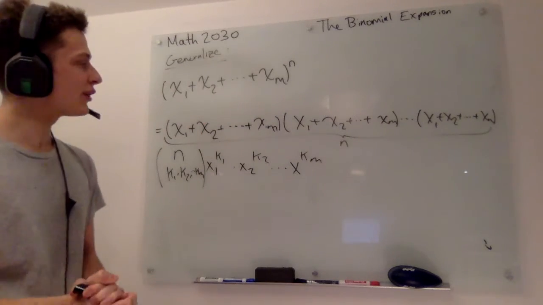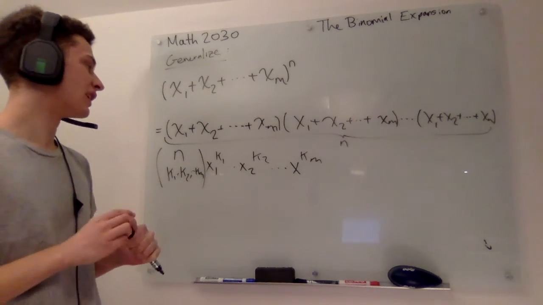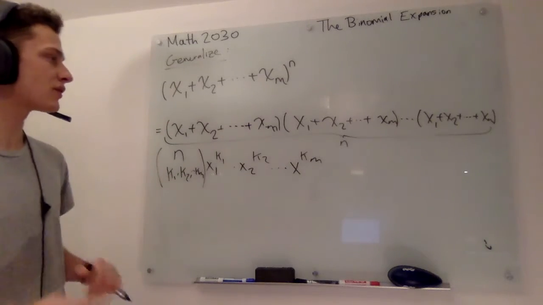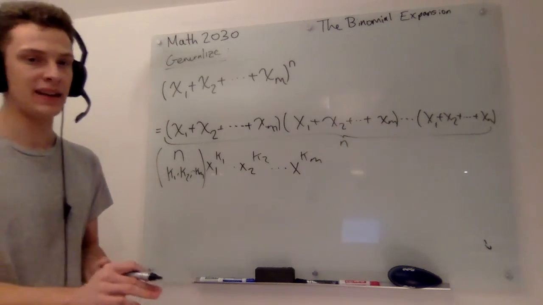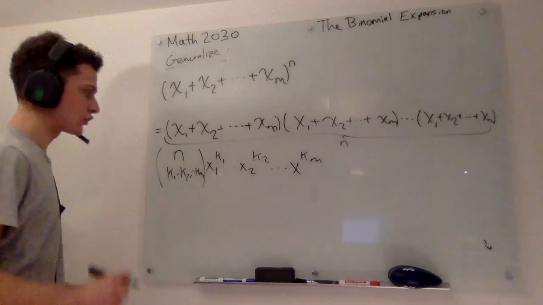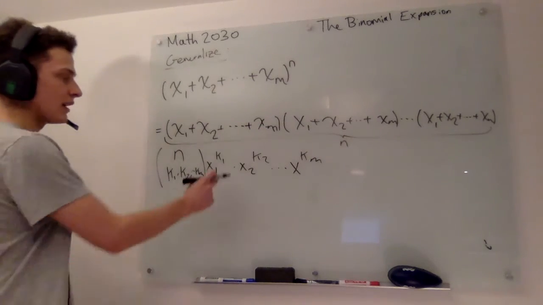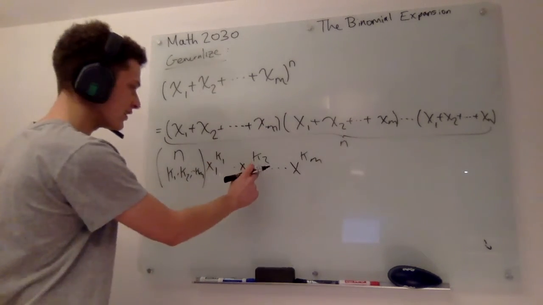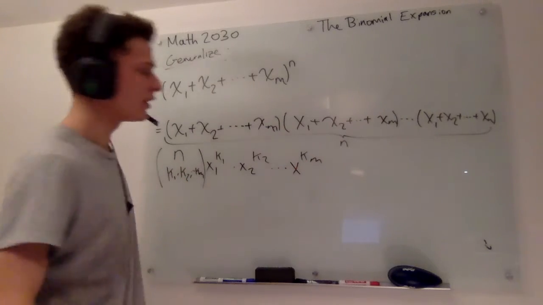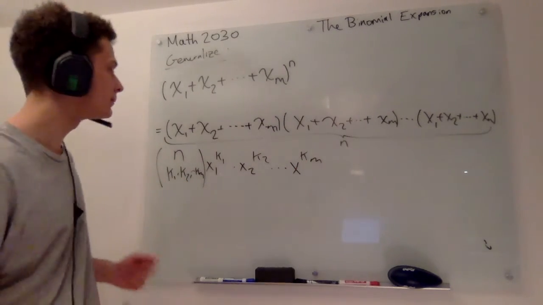And what we want to notice here again is that our list of x1s through xms can only have n elements in it. So what we need is for k1 plus k2 plus ... plus km to all sum to n. Okay?